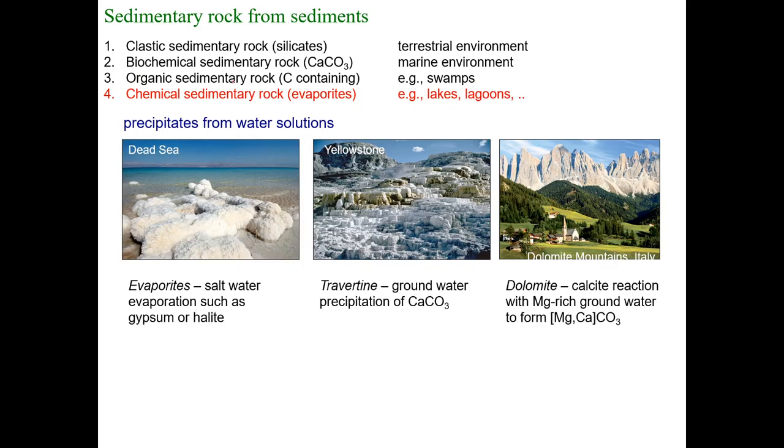Chemical sedimentary rocks are the fourth type of sedimentary rock, and they form from precipitation from a solution. Things that form by evaporation, for example, salt water evaporating, give us things like gypsum or halite. Travertine comes from the precipitation of calcium carbonate from superheated groundwater.